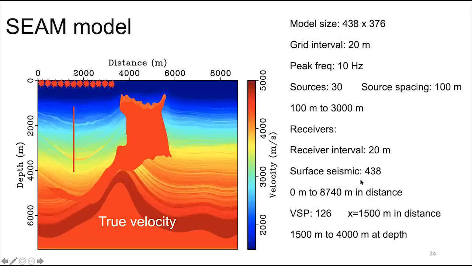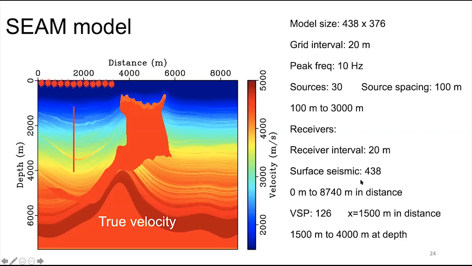We then apply LSERTM to the same model. There are in total 30 sources on the surface from x equals 100 meters to x equals 3,000 meters, with a source spacing of 100 meters. For the surface seismic survey, there are 438 receivers deployed on the surface with a receiver interval of 20 meters.